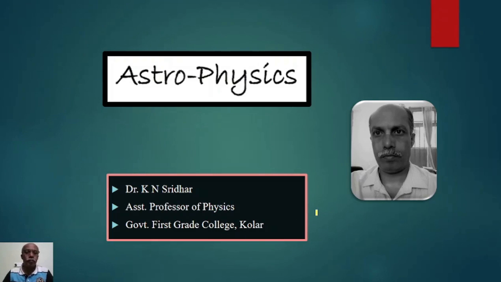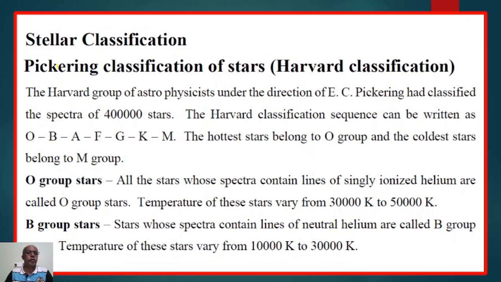Good morning. We are now discussing a few concepts of astrophysics, under which we study the classification of stars. The first classification is the Pickering classification or the Harvard classification of stars.